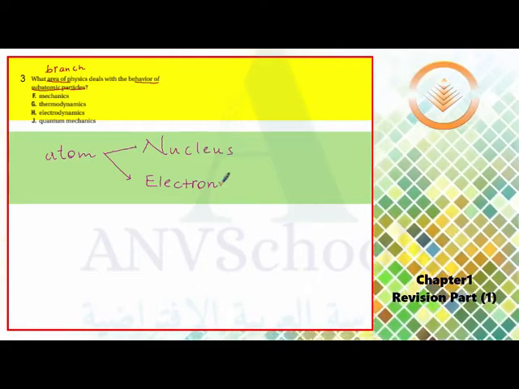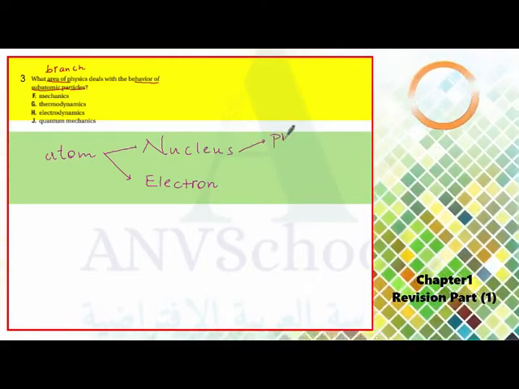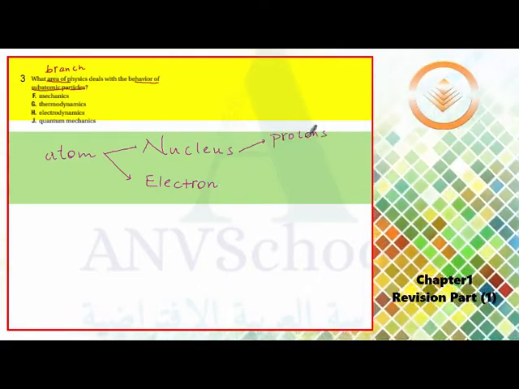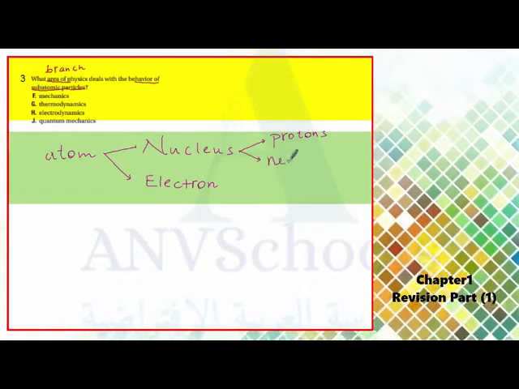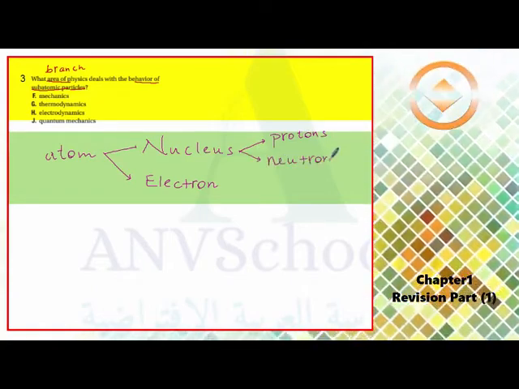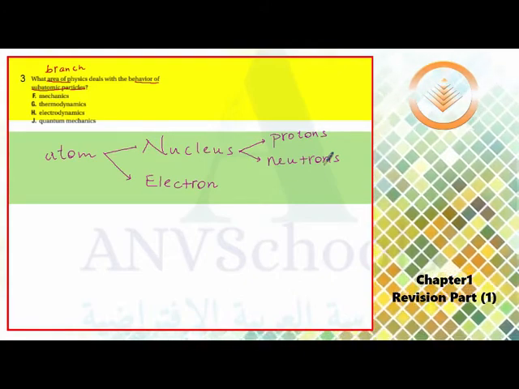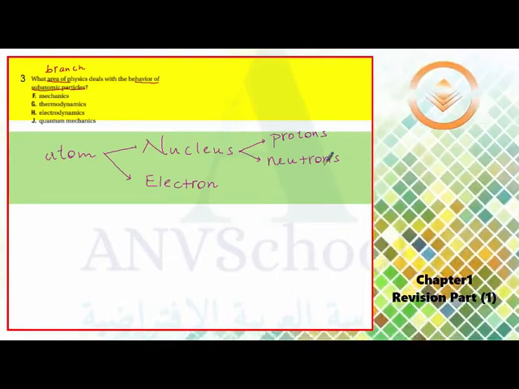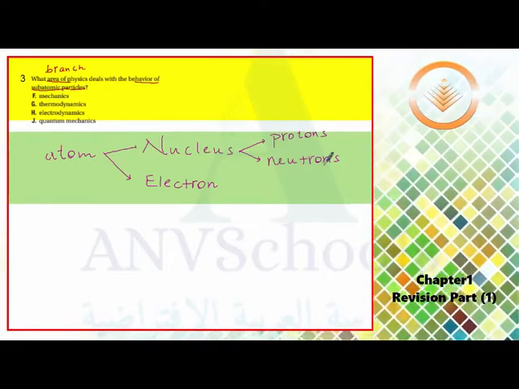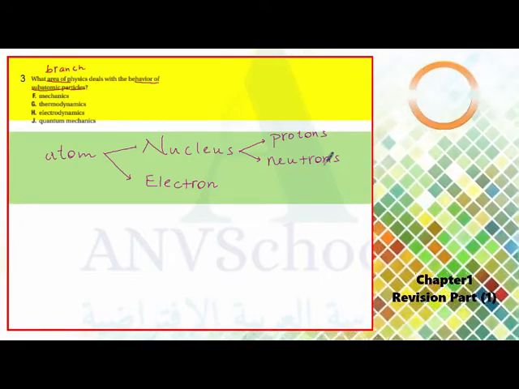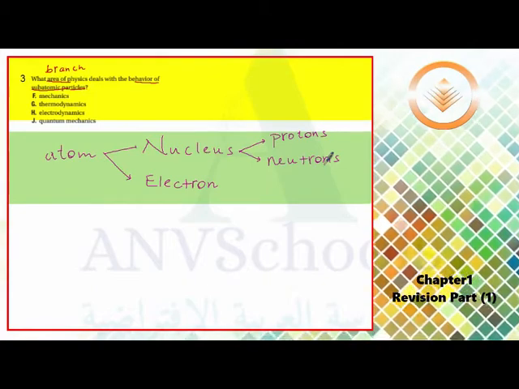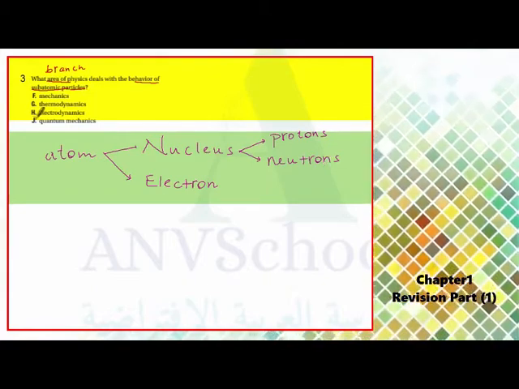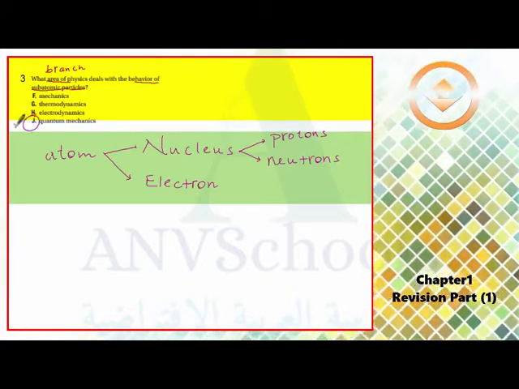And inside the nucleus we have protons and neutrons. So a branch of physics that studies the subatomic particles of an atom or of any element is quantum mechanics. The answer is quantum mechanics.